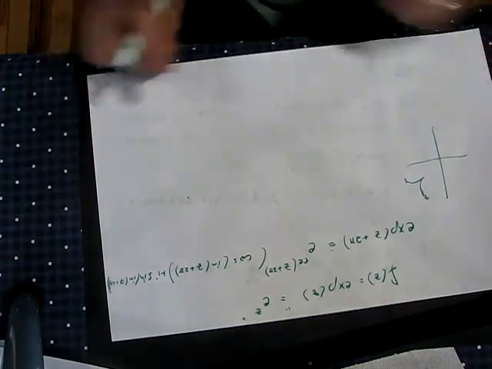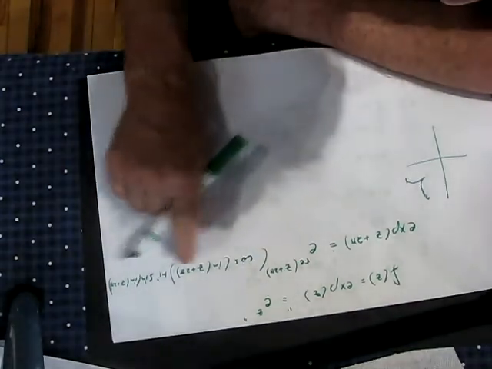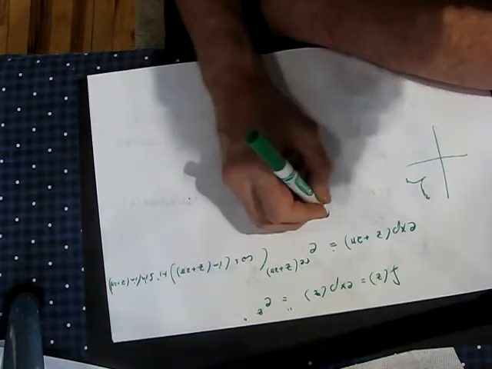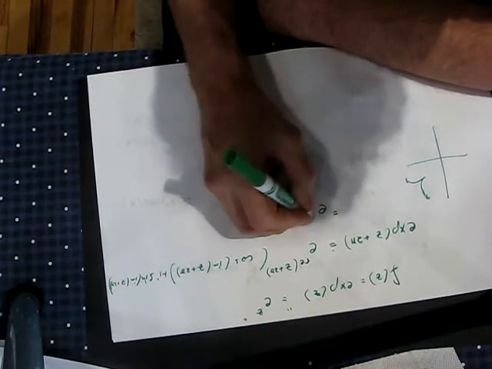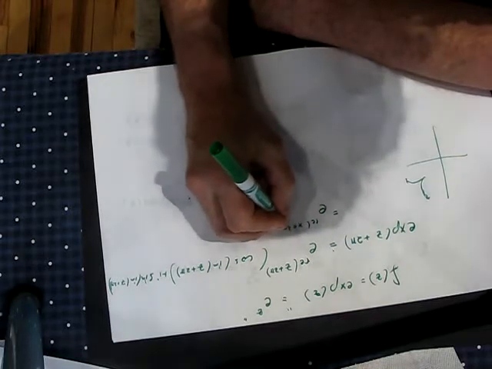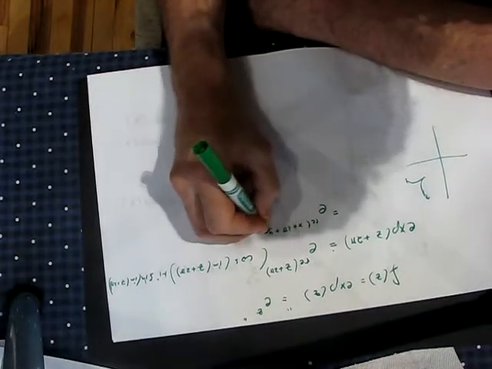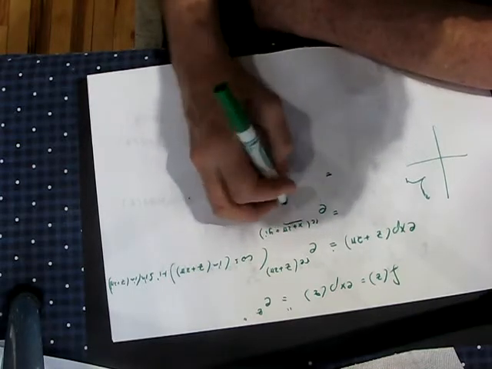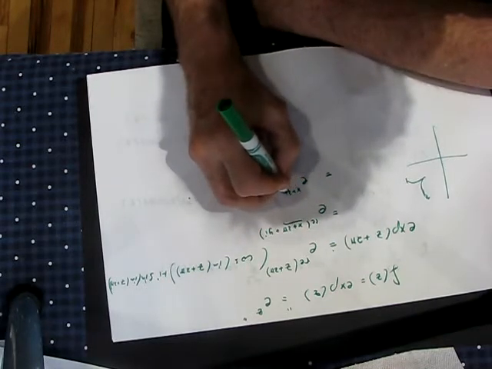Now that's the definition, e to the x cosine y plus i sine y. Well, e to the real part of x plus 2 pi plus yi is just this portion, e to the x plus 2 pi.